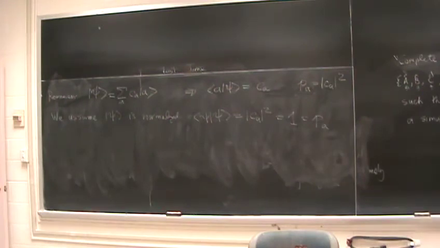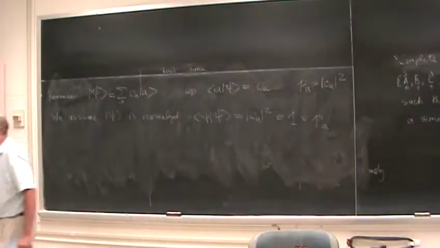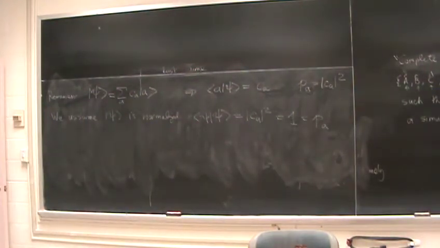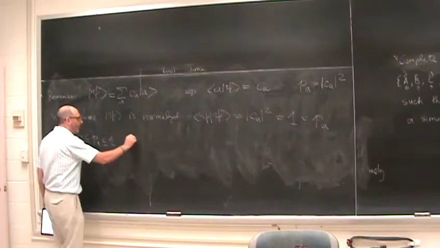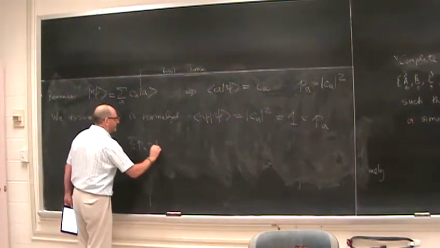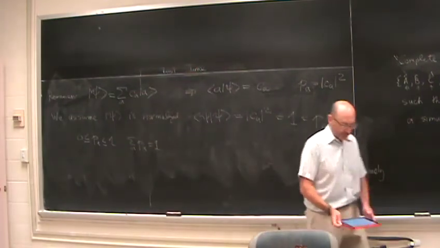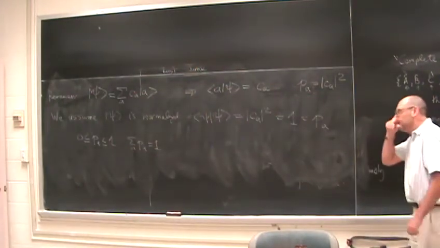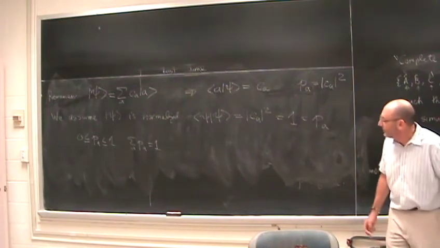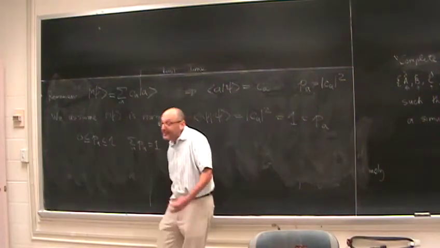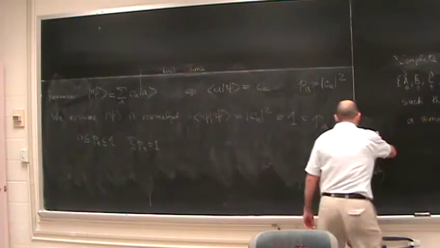If it wasn't normalized, we could use the same rule, but we just have to divide this by this. And that would just automatically make this a probability. Remember, all probabilities are numbers between 0 and 1, and the total probability has to add to 1. Okay, very good. So the probability of some outcome happening, something's going to happen for this measurement, is definitely 1.